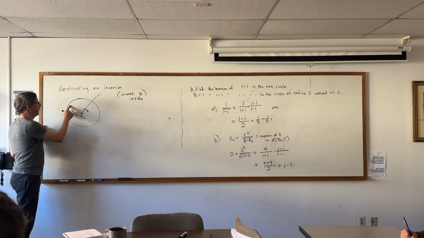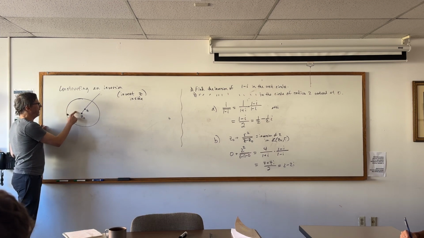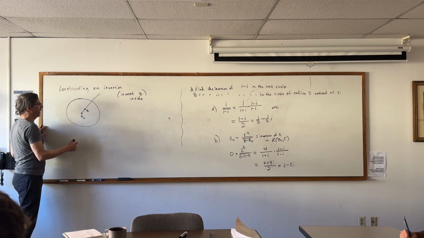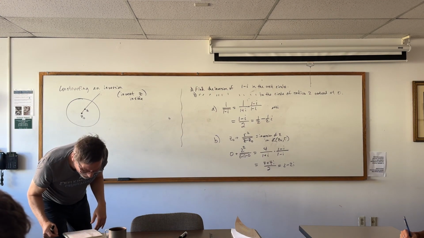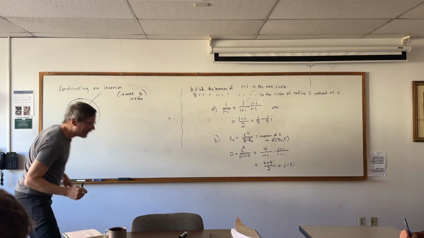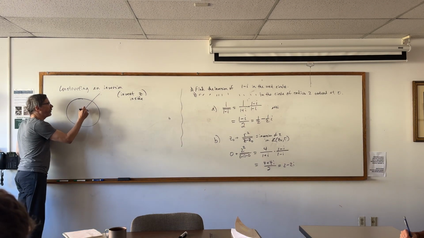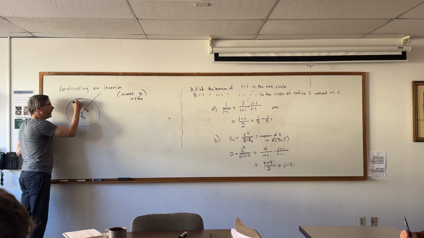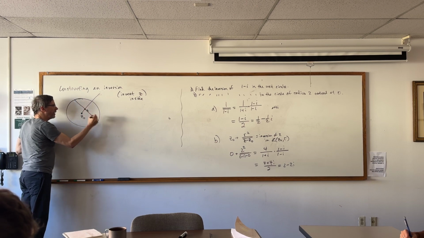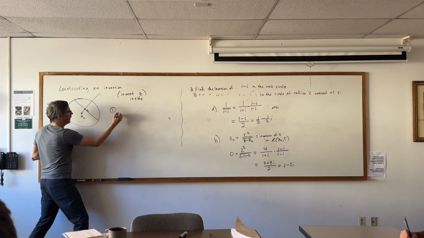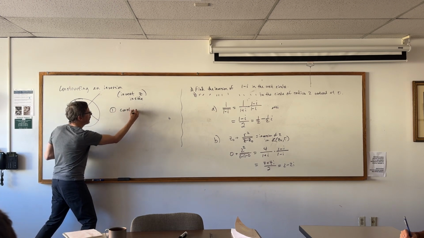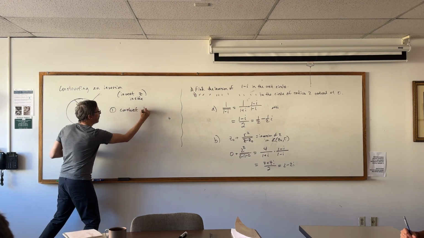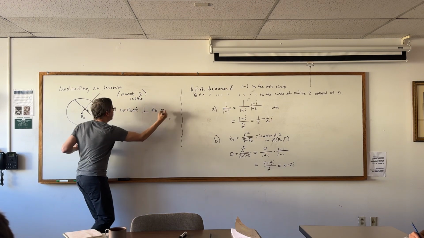Let's get this out of the way, because that might be a little confusing. I have to remember it myself. So we actually construct the perpendicular to z. Let me go through the steps here. One, construct the perpendicular to z.